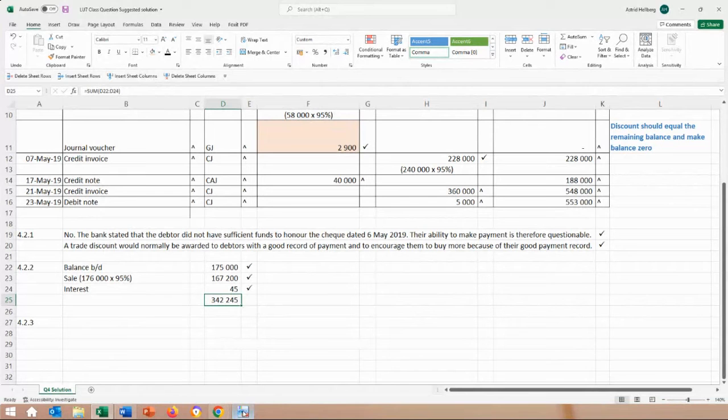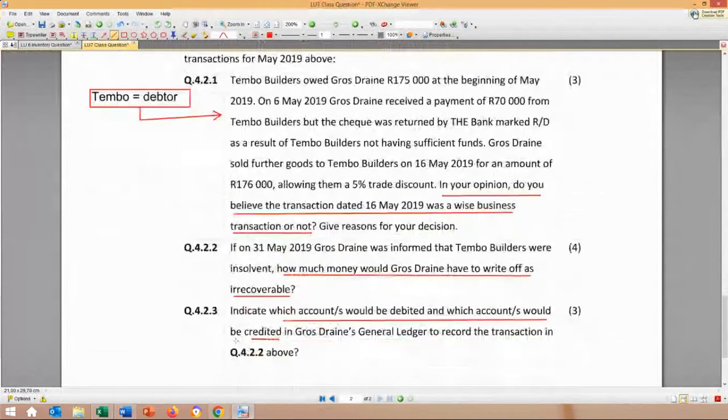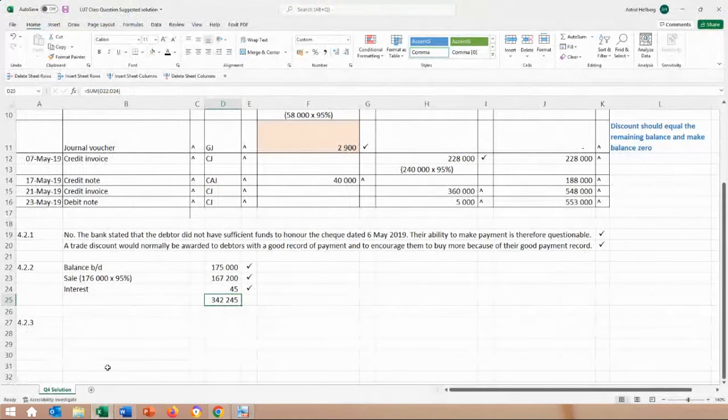Okay, so then the next question is, indicate which accounts would be debited and which accounts would be credited. Okay, so this comes from Learning Unit 5. So what account are we going to debit? What account will we credit to write off this bad debt? Okay, so let's start with the easiest account.